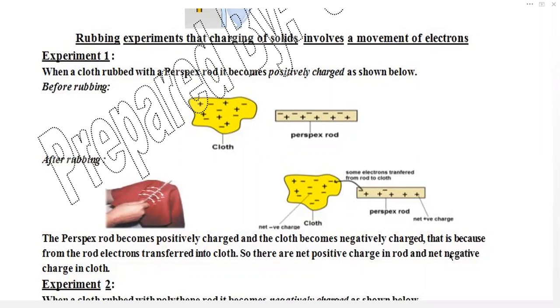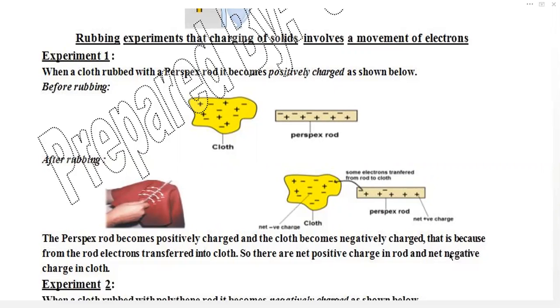Now experiment 1, we will take a perspex rod and a cloth. Initially the perspex rod is neutralized and the cloth is also neutralized. What does neutralized mean?